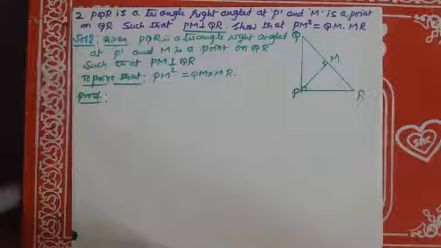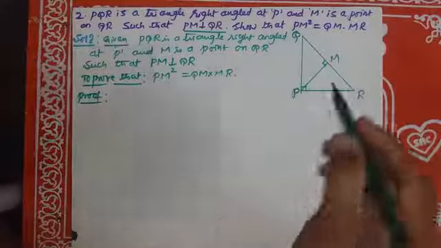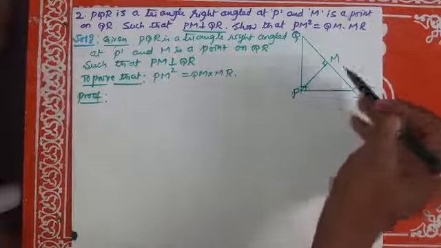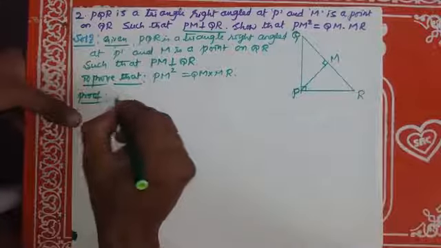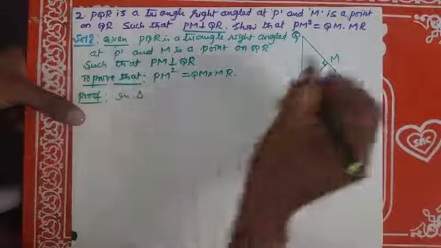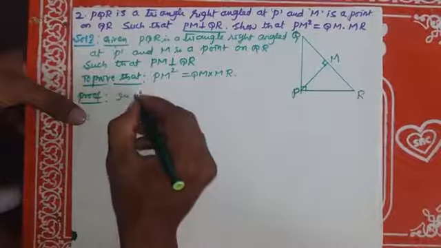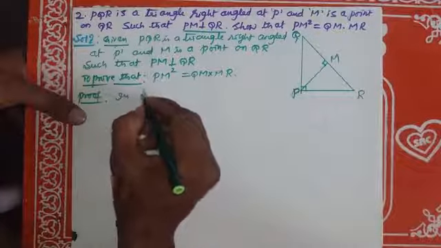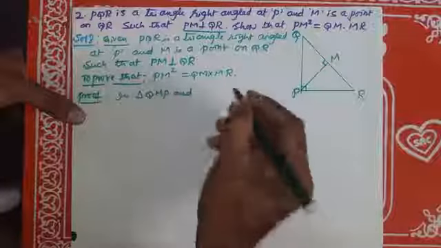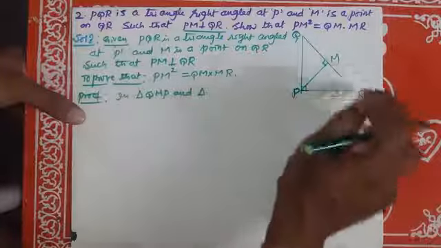See, we can compare triangle QMP and triangle PMR.